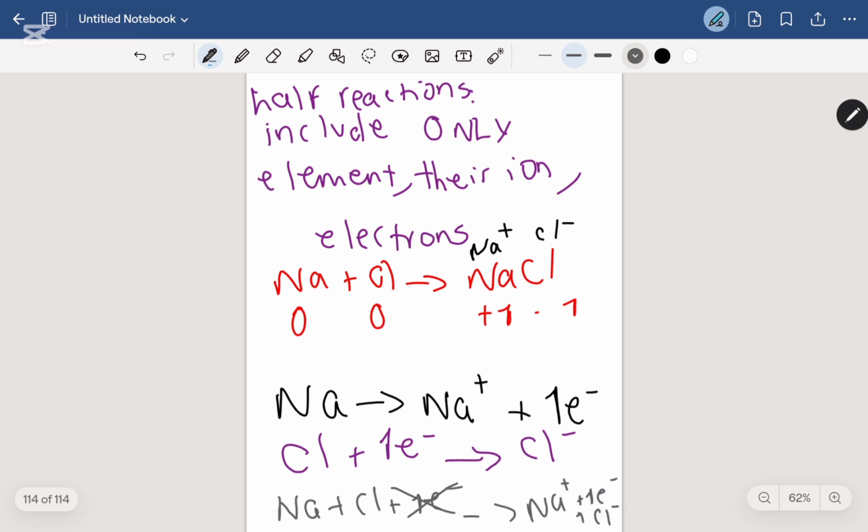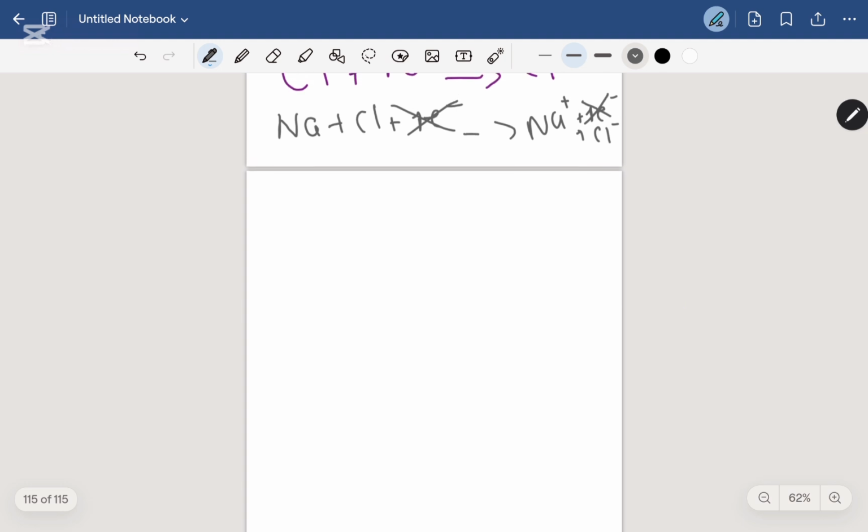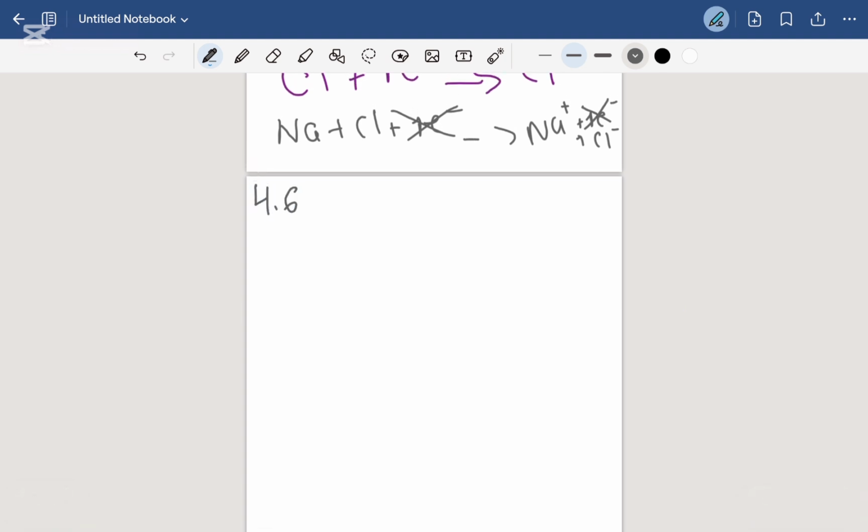So they will cancel each other because they are on opposite sides. So if you move it to the other side, this is basic math, it becomes minus, so they will cancel each other out, okay? And that leaves us with Na plus Cl gives us Na plus Cl minus, or Na plus Cl gives us NaCl. Now this is it for 4.2. We move on to 4.6.